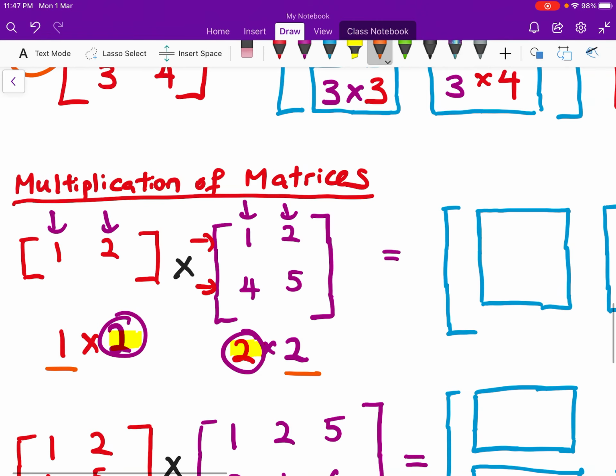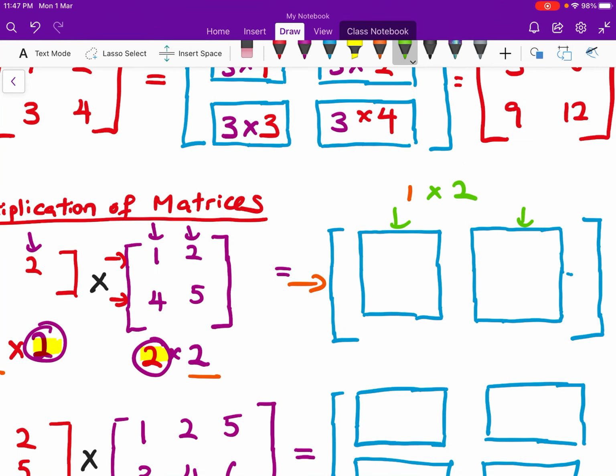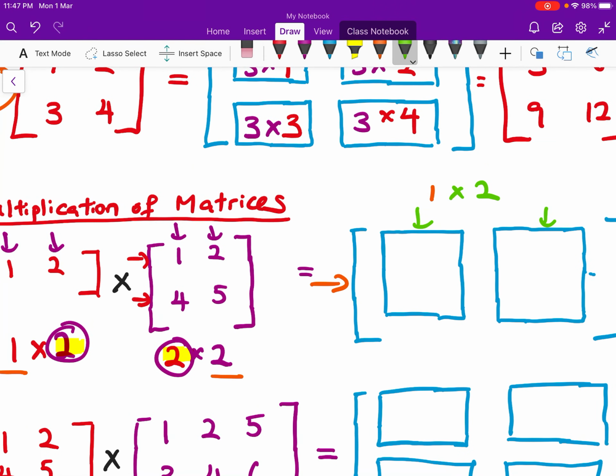You can see this matrix has 1 column by 2 rows, so I just write 1 by 2. Now I know the order of my answer, which is 1 by 2.